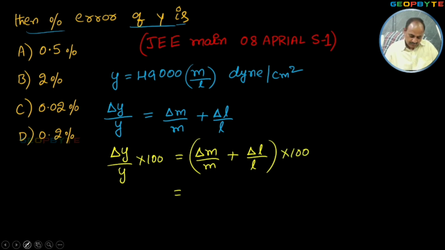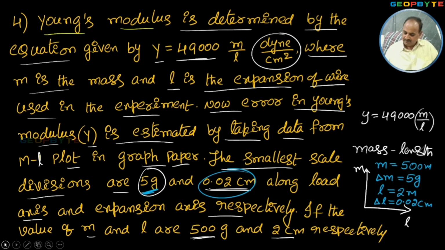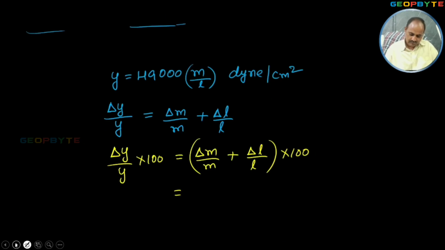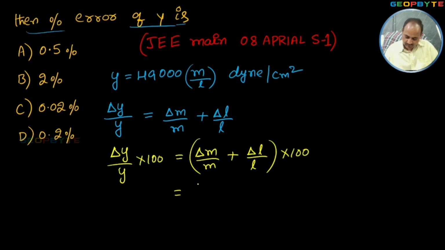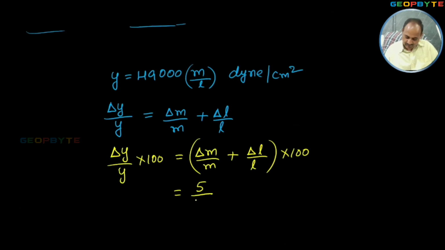Here delta M given is 5, M is 500. So 5 by 500 plus 0.02 by 2, into 100.